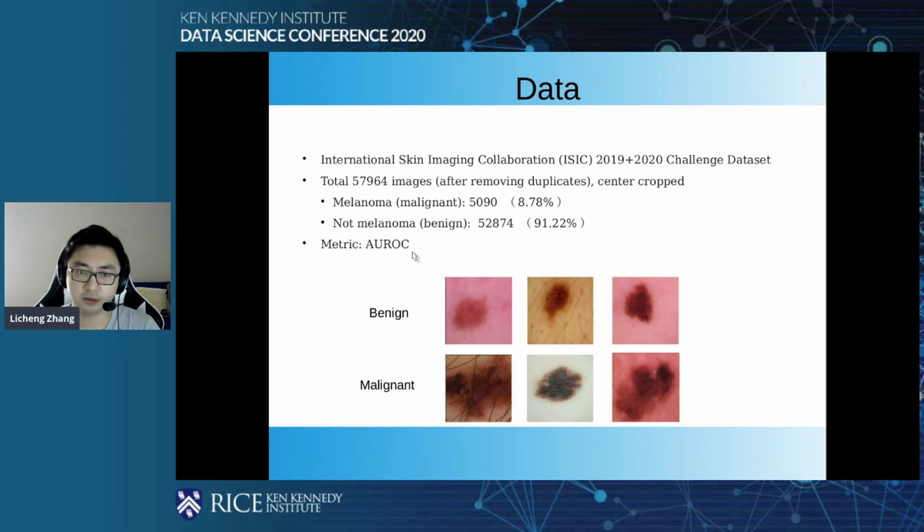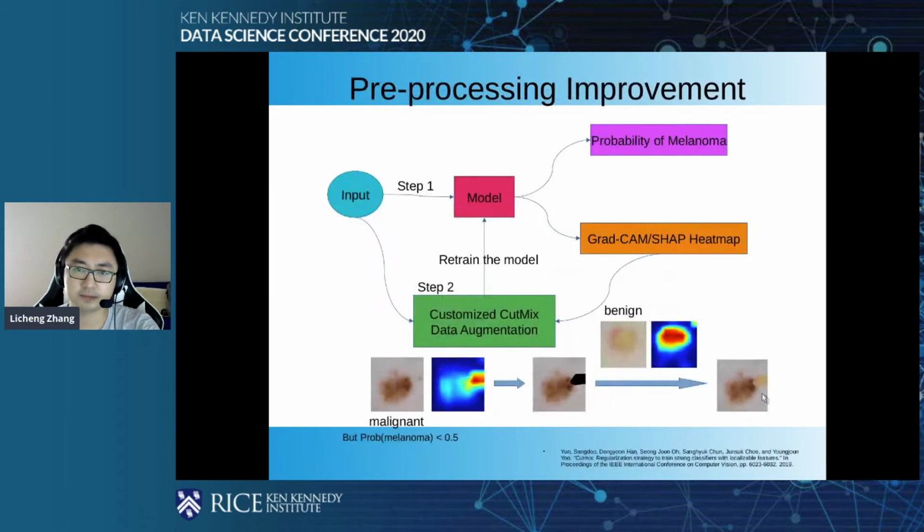We're not dealing with thresholding at this moment, because in order to have a confusion matrix, false positives, and false negatives, you need a threshold, 0.5 or 0.6, but we're not doing that at this moment. So the metric is AUC here, showing some examples of the benign ones. Benign is 0 in the label in the data, and malignant is a melanoma, so the label is 1.